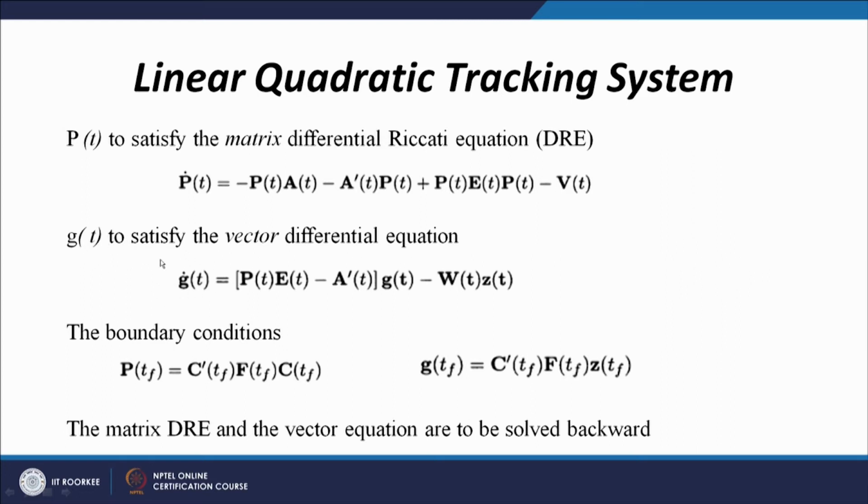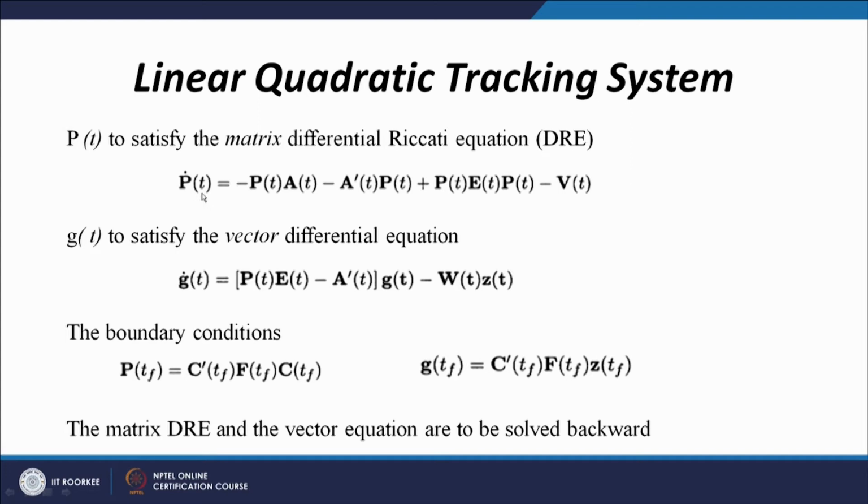And g t has to satisfy my other vector equation, which is p e minus a prime g t minus w t z t. So, my first equation is the matrix differential Riccati equation, and the second equation is a vector differential equation, meaning I have n number of g vectors, and how many equations are here?